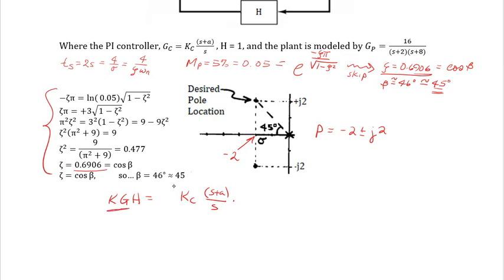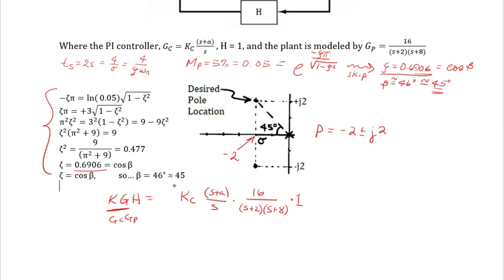So this KGH is going to be equal to G_C G_P, and so that's going to be 16 over (s plus 2) times (s plus 8), and H of course is 1.